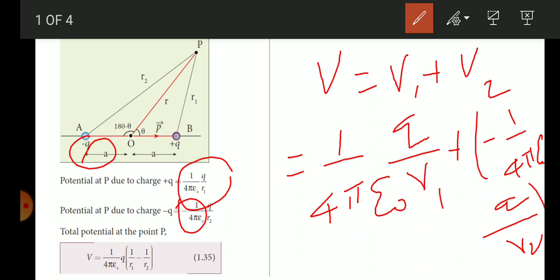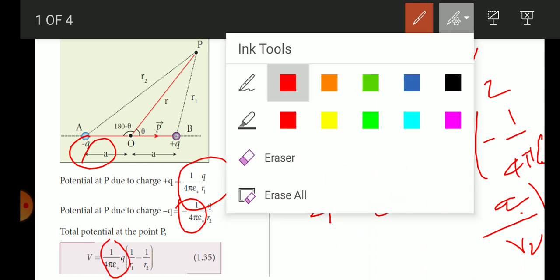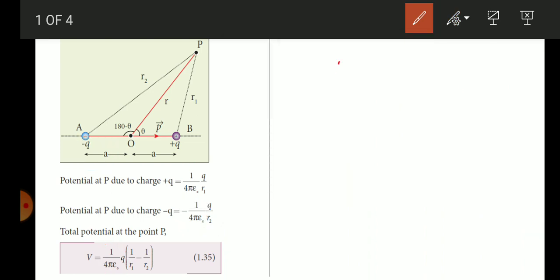Correct? This is the value of V2. Then plus into minus will become minus, and the common term in this equation is q times 1 divided by 4 pi epsilon naught, that comes out of the bracket. So the remaining terms inside the bracket will be 1 divided by r1 minus 1 divided by r2.